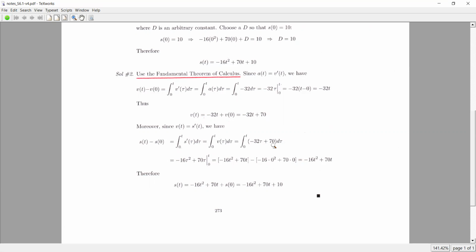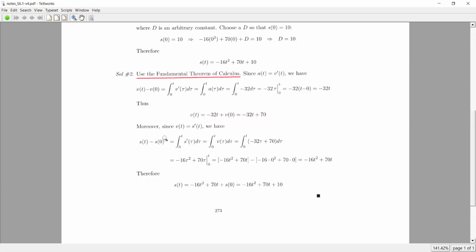The antiderivative of this polynomial is this polynomial. Plug in the upper limit and lower limit in the variable tau. Then I get the answer to this integral.